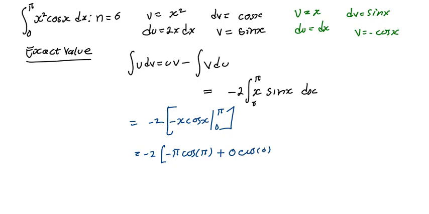This here gives you a 0. Of course cos 0 is a 1, but because you're multiplying it by 0, you get a 0. So cos pi is negative 1. So this is going to be negative 1 times negative pi. That's going to be positive pi. So positive pi times negative 2 would be minus 2 pi, like that. And that happens to be our answer.